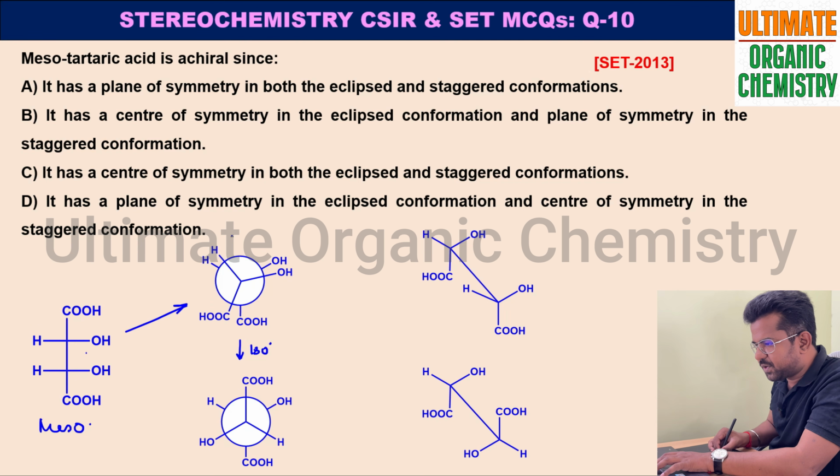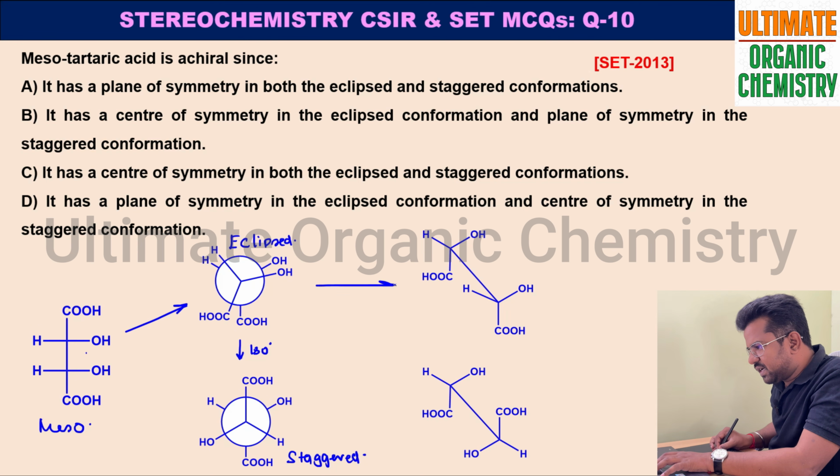This projection is called eclipsed, and this is called staggered. Now, this Newman projection of the eclipsed conformation can be drawn in the corresponding Sawhorse conformation, and the staggered form also can be converted into the corresponding Sawhorse form.